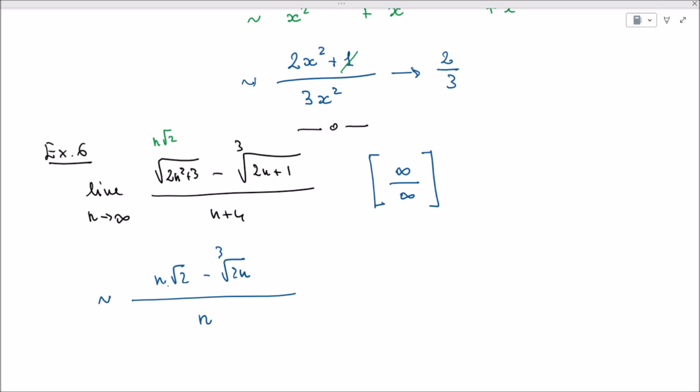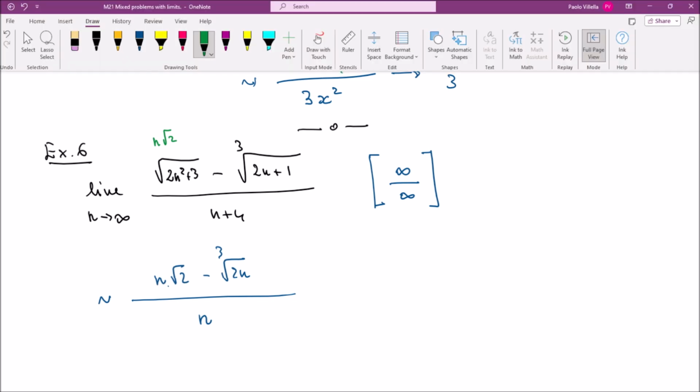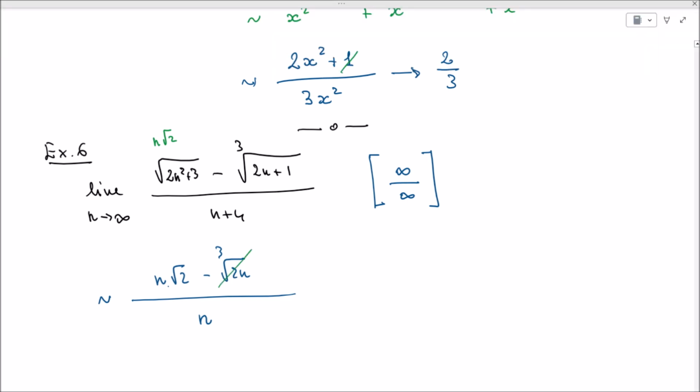But because this goes to plus infinity more slowly, we can say that this limit in the end is exactly square root of 2.